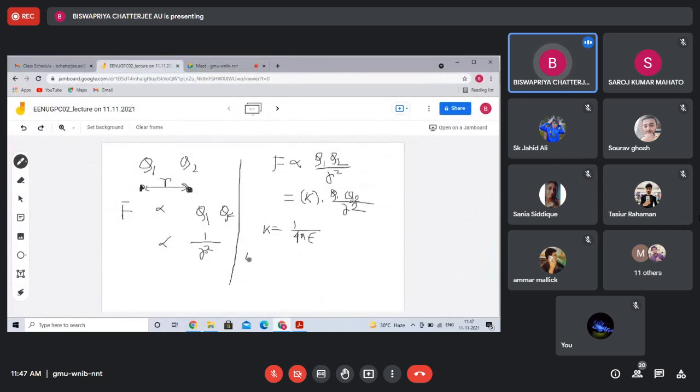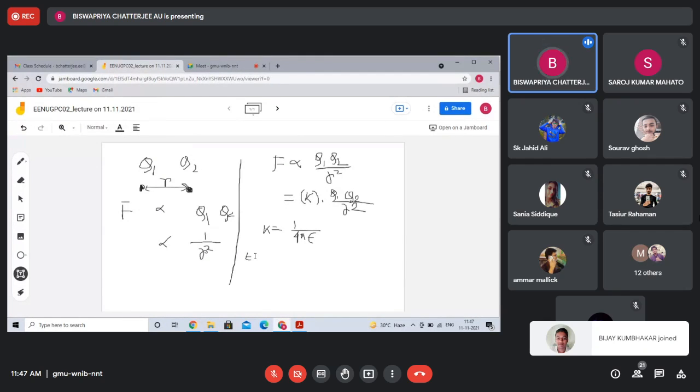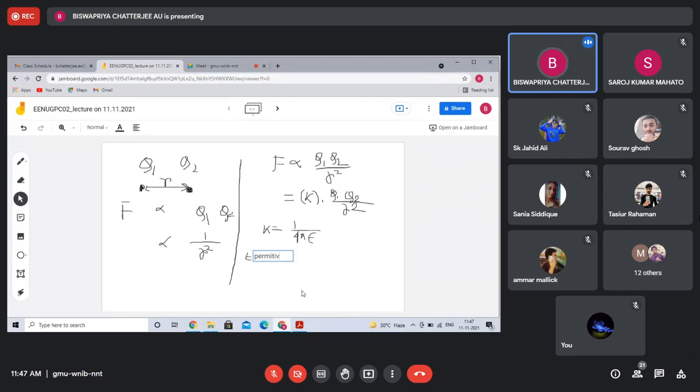Now epsilon is called permittivity of the medium. It has got two parts, epsilon naught and epsilon r.